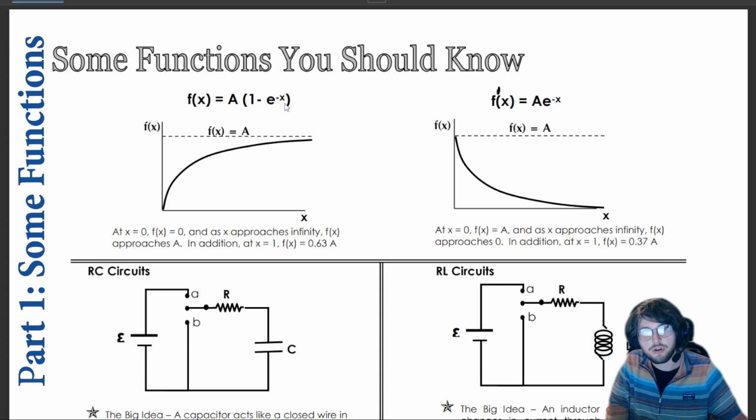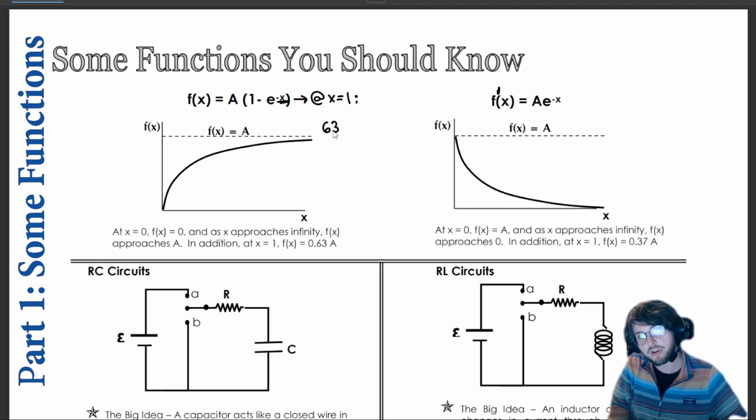The other thing to note is a very unique quantity within these functions, which is what happens when x equals 1. If you were to plug this in and run it through your calculator, you would find that at x equals 1, this function will equal about 63% of its maximum value.